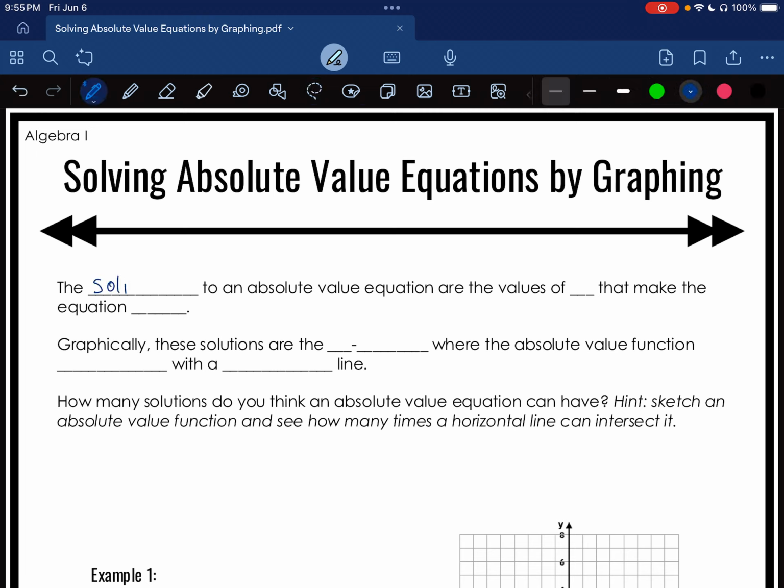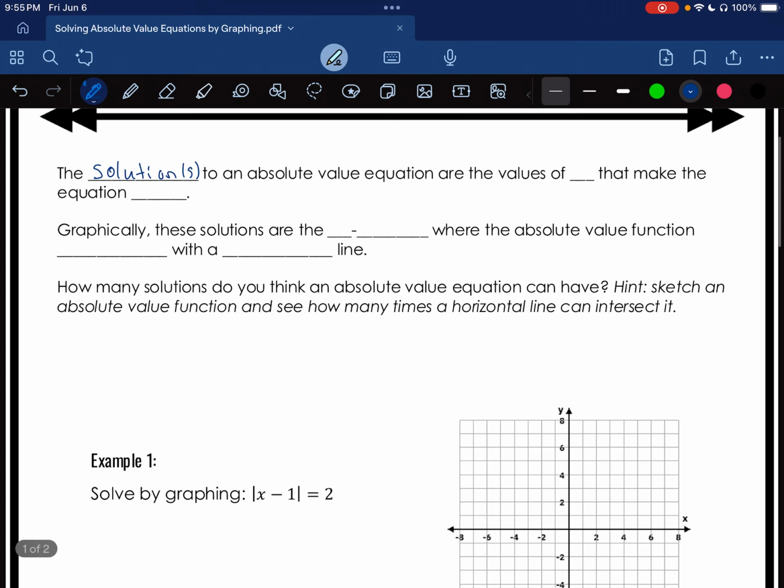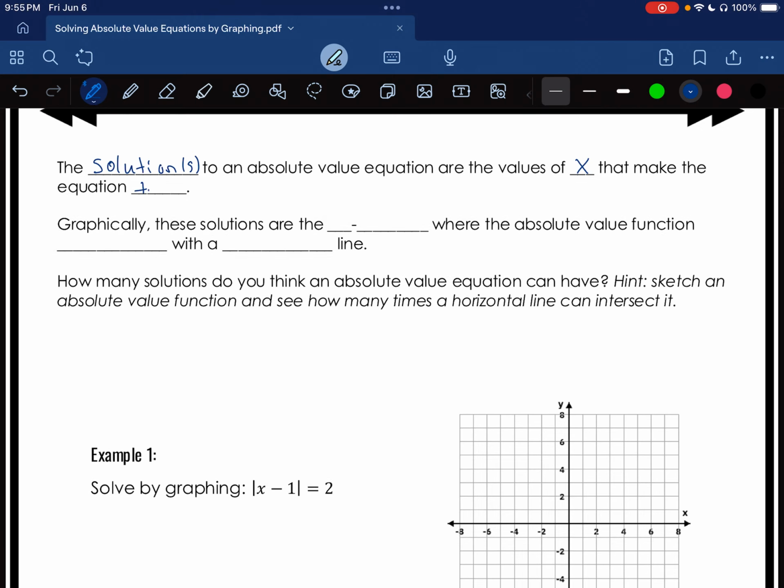The solution or solutions to an absolute value equation are the values of x that make the equation true, right? So we take these x values, I plug them back in, and it's going to pop out a true statement, just like before.